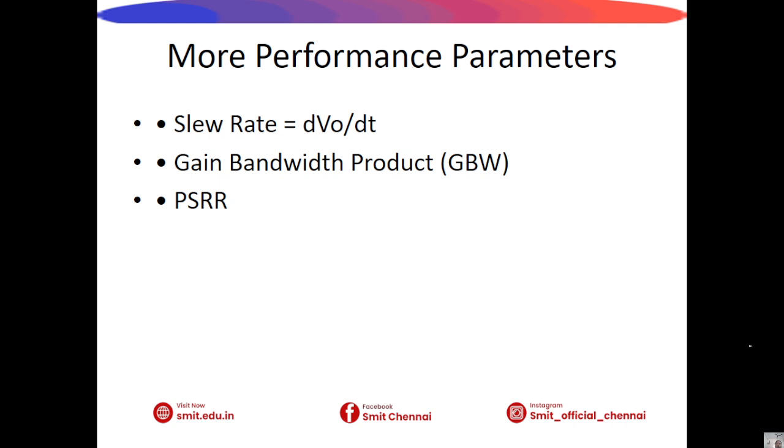Next, we see about more performance parameters. Let us now discuss additional performance parameters. The slew rate is the maximum rate at which the output voltage can change with time. It determines how quickly an op-amp can respond to rapidly changing input signals. The gain bandwidth product, or GBW, is another important parameter.